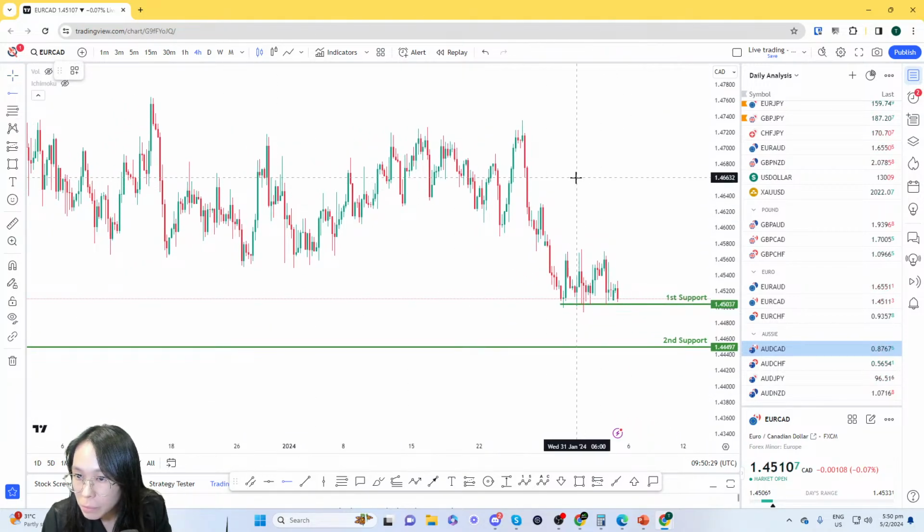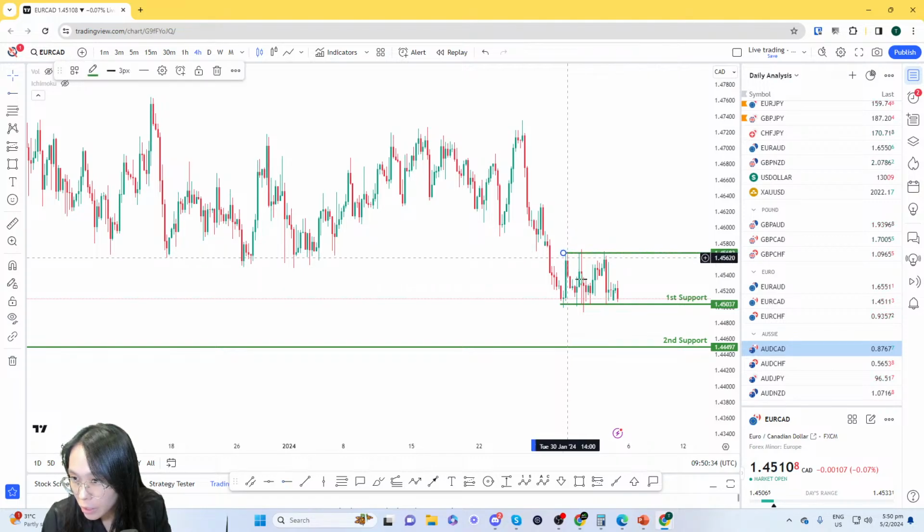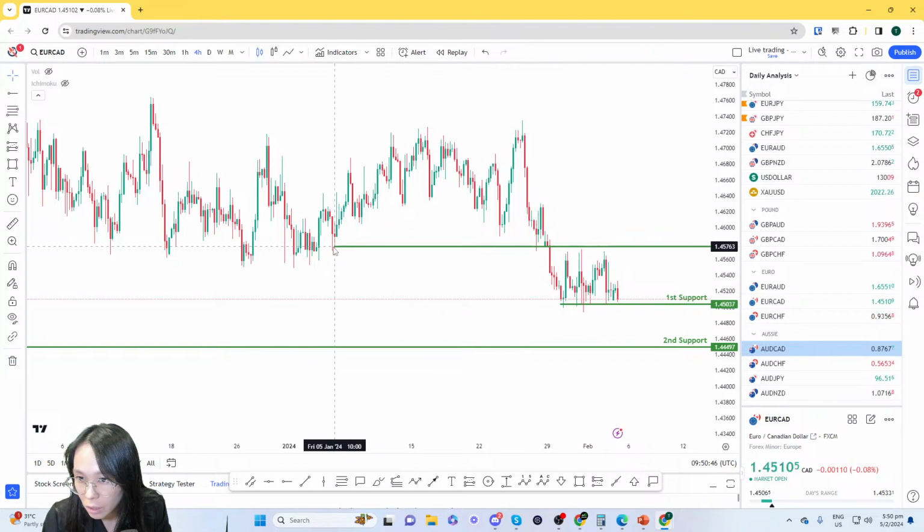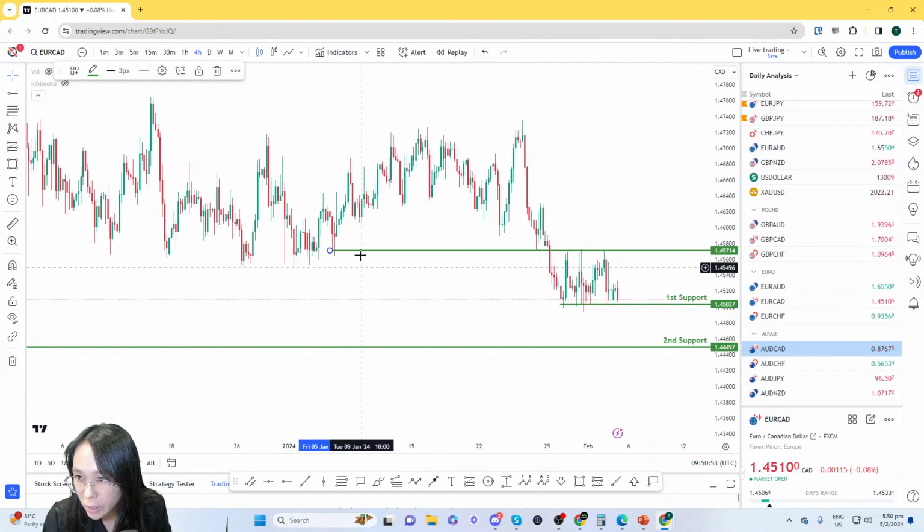And next up, on the resistance side, it will also be the wicks here. I'll be taking the top of these wicks because you can see that there are a lot of rejections, and I can also pull my candles back to connect to the wicks here, so it creates a nice overlap.